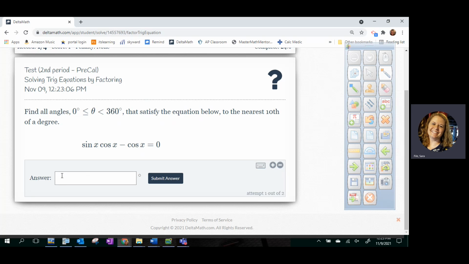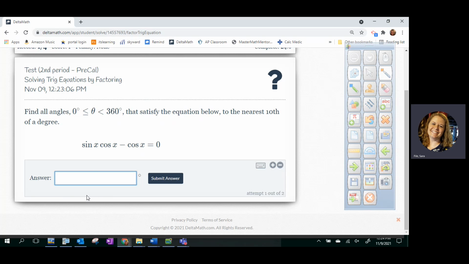Just hit submit with nothing there. Or you could type in D E in capital letters. That stands for does not exist. So you either leave it blank and hit submit, or type in D and E and hit submit if there is absolutely no solution.